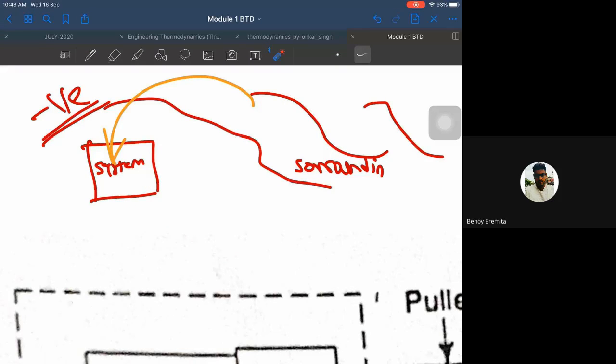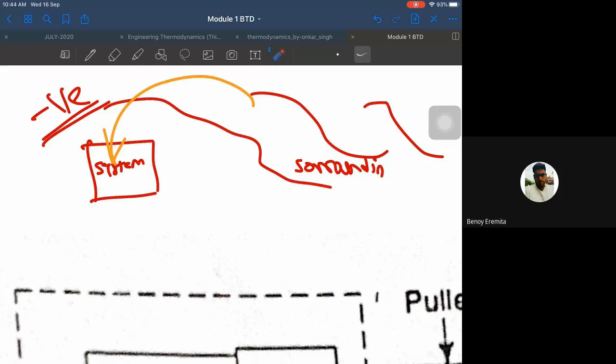No, no. If work is extracted from the system, the system is giving you the work, then it is positive or negative? It is positive, because the system is giving you the work. You are extracting work from the system. But in the similar case, if you are working on the system, the system is absorbing work, then it is negative. Clear, sir.